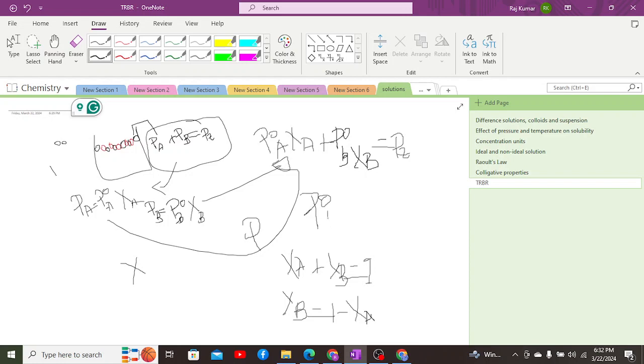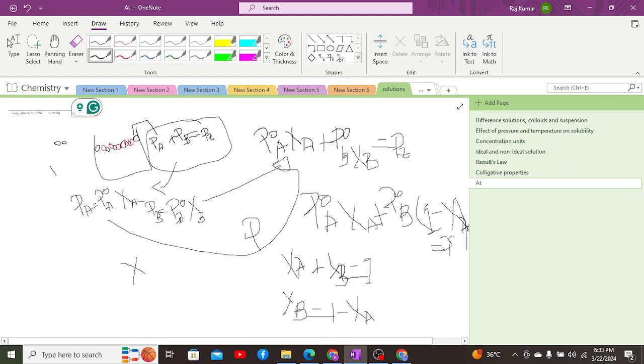It will become P naught A xA plus P naught B times (1 minus xA).